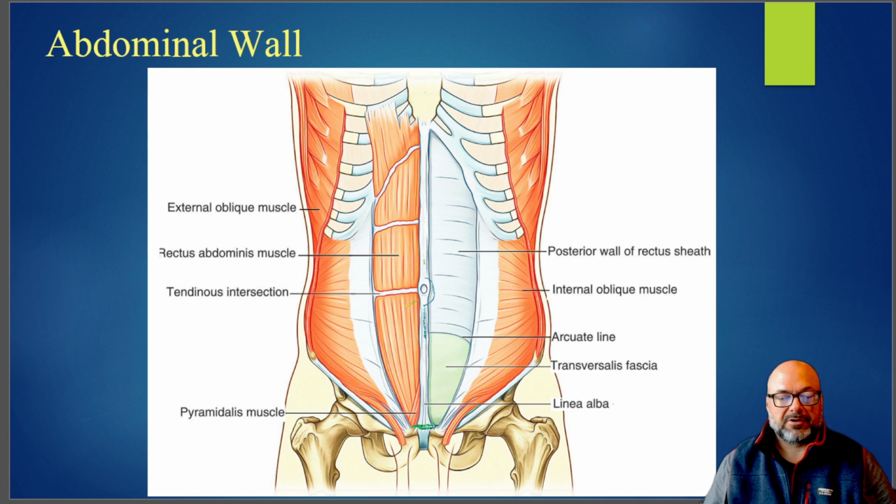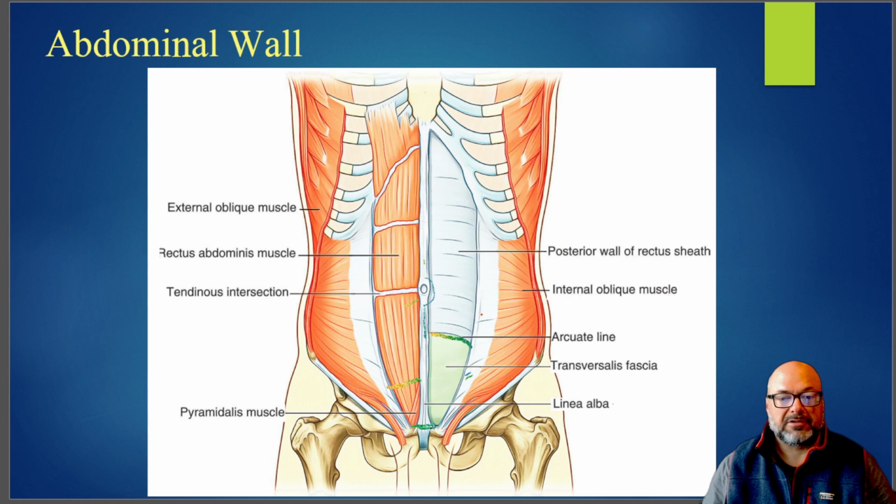One of the things that we're going to look at in a second, just when it comes to layers of the abdominal wall, is the arcuate line here. And if you remember way back to anatomy class, below the arcuate line is where the fused fascia, tendons of the oblique muscles and the transverse muscle, fuse into one and go over the top of the rectus abdominis.